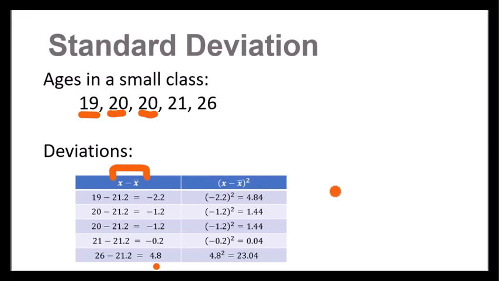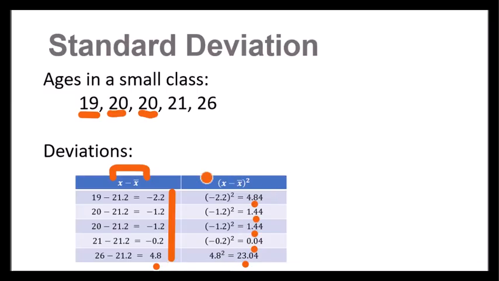I'm taking each of those previous numbers, negative 2.2 was the first one, and I'm squaring them. By squaring them, we do change the size of the number, and we also make it positive. So 4.84, 1.44, 1.44, 0.04, and 23.04 are the squares of each of these numbers in the deviation column here.